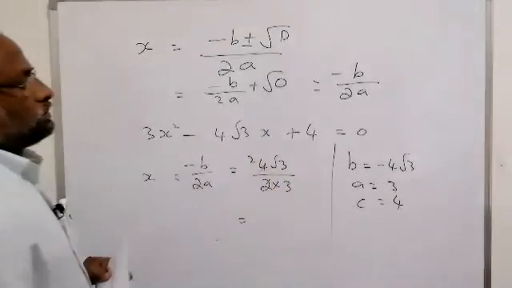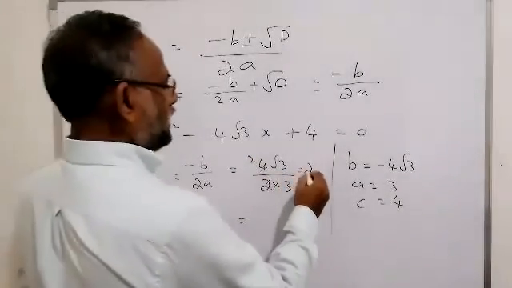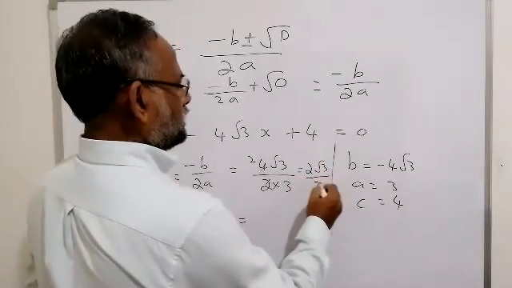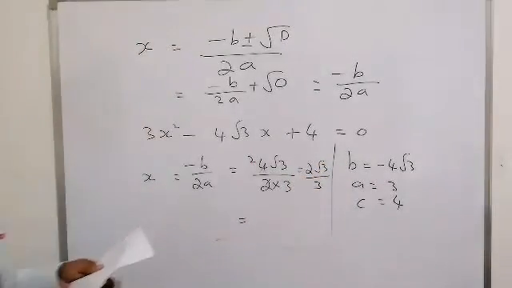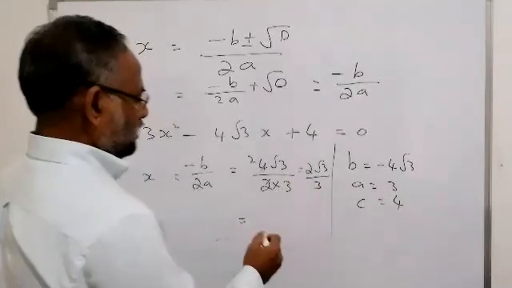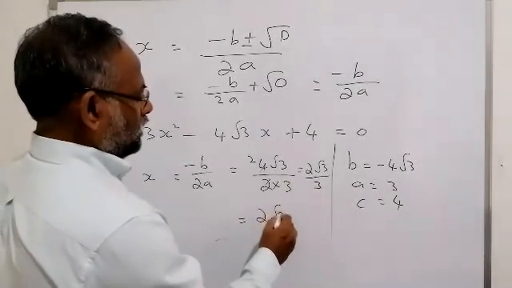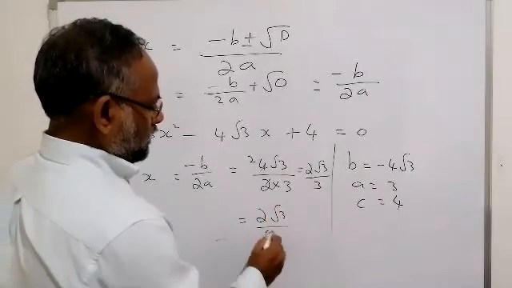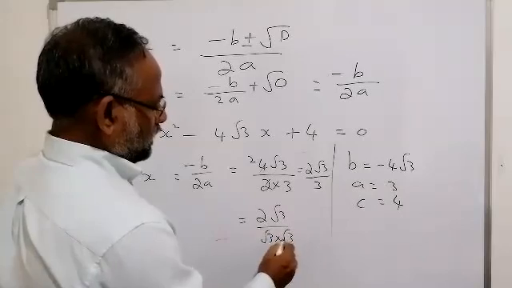You can write 2 root 3 by 3. It doesn't matter. 2 root 3 by 3. Or we know this one: 2 root 3 by root 3 into root 3.